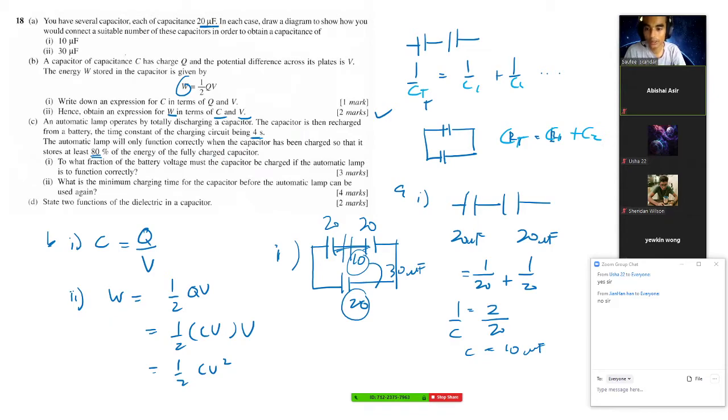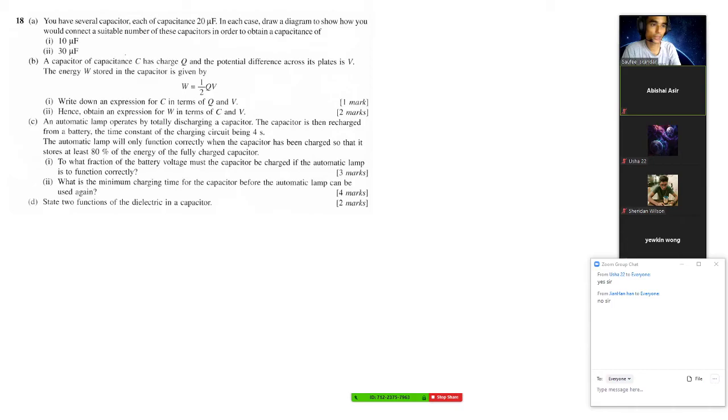Okay, time constant. He says that the time constant of the charging circuit is 4 seconds. 4 seconds is not fully charged yet. Remember that some students tend to imagine that 4 seconds is the time of being fully charged.